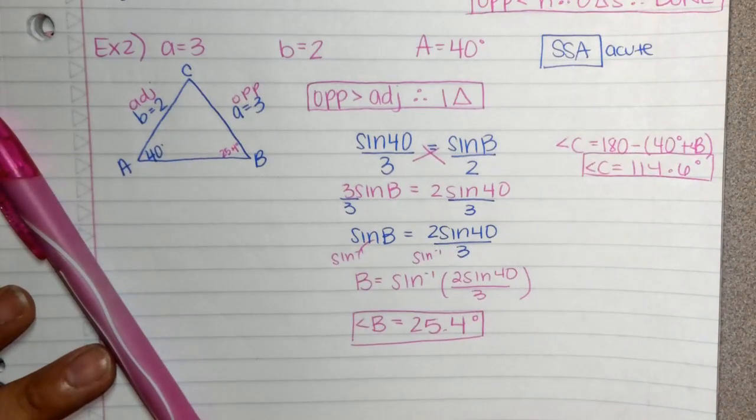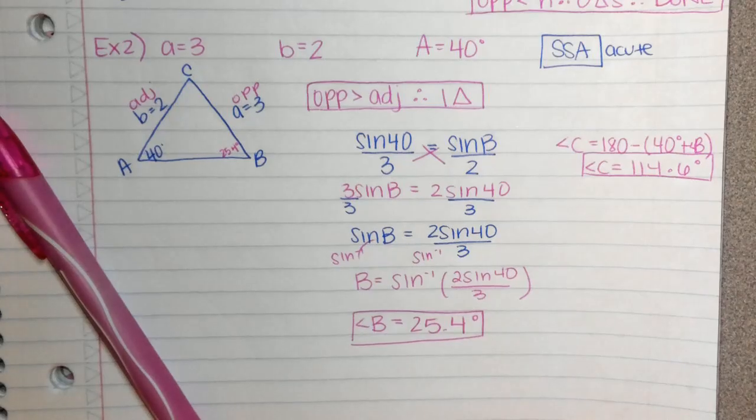And I'm actually going to, on this one, label this C. C equals. Okay? Are we okay? Now I have the two angles.